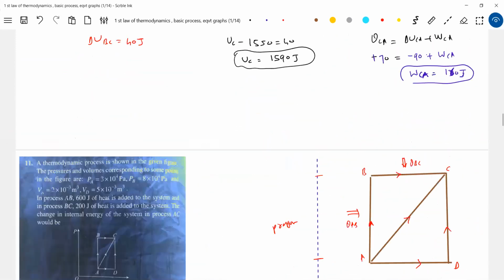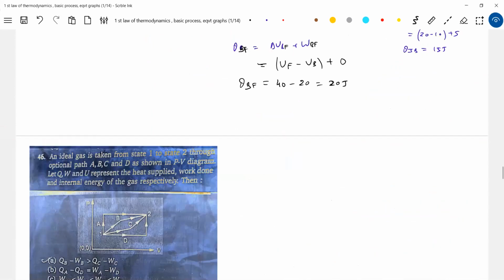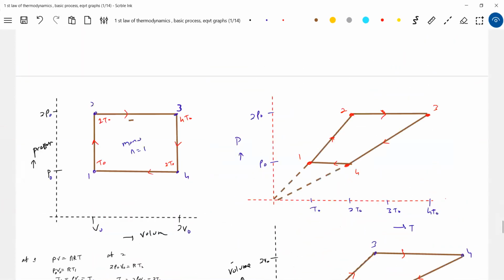Let's go for the PT graph. Last graph, I'll plot it. Please don't memorize, learn the methodology to plot the graphs so that you can manage anything.